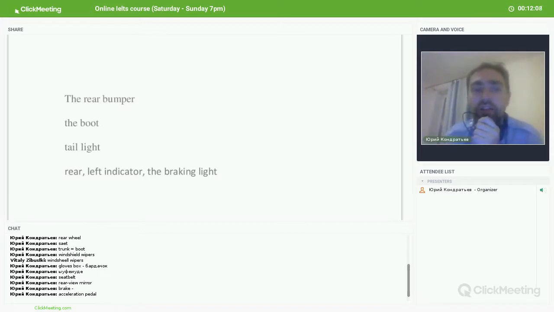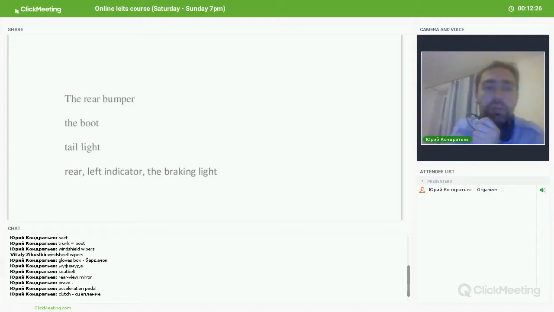It's called the accelerator pedal. Then there's brake, and if it's not automatic gear, if it's manual, then they also have the clutch. Сцепление. Okay. And what else is there? There's also gearbox, коробка передач. Gearbox.